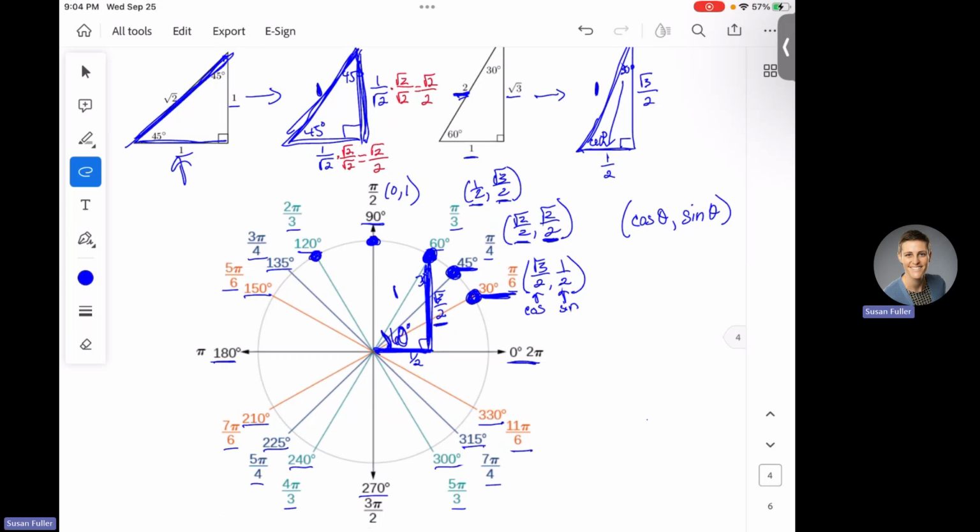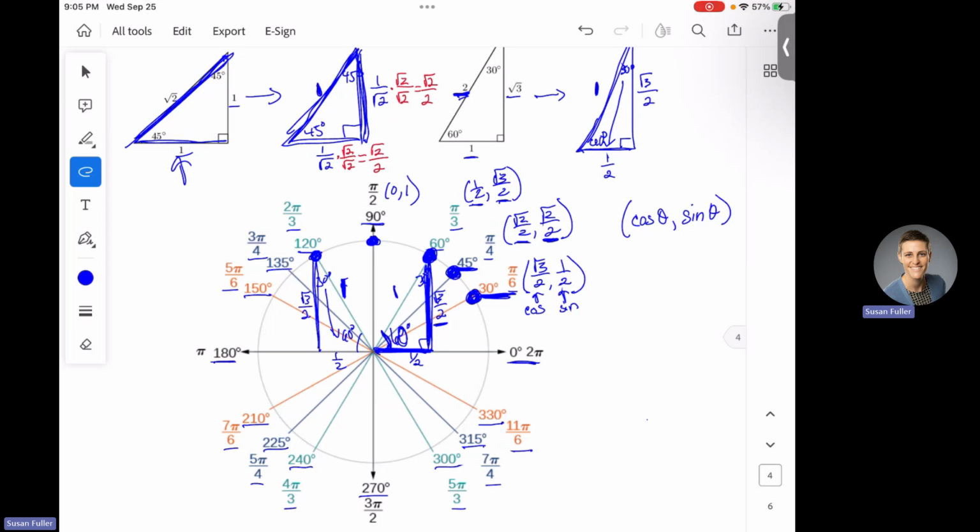This side over here, 120 degrees. Again, this has a reference angle of 60 degrees. And so this is a 30-degree angle up here. And so this is a 30, 60, 90 triangle. The side opposite the 30-degree angle is half the hypotenuse. The hypotenuse is 1. And that means this side over here, across from the 60-degree angle, is root 3 over 2.